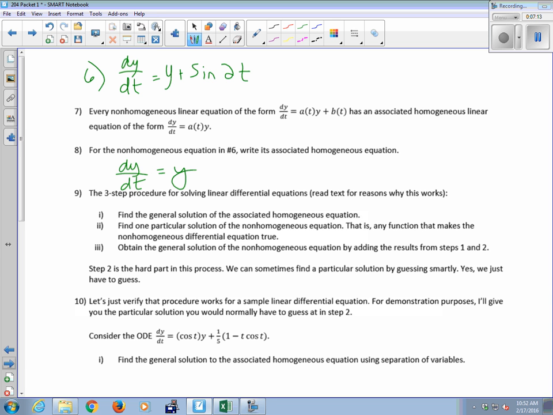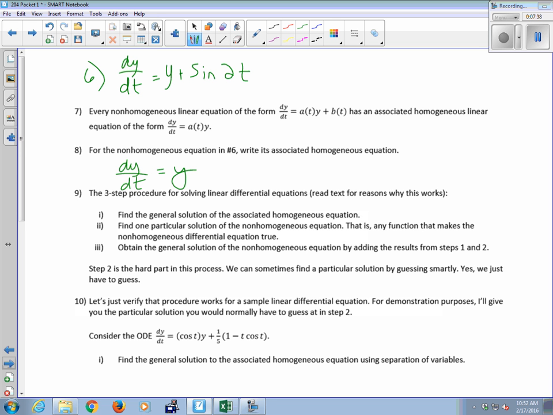Good. So now that we've covered the vocabulary, we can talk about this procedure for solving a linear differential equation. You can read the text for the reasons why this works. We're just going to practice it right now. So step 1 is find the general solution to the associated homogeneous equation. So just drop the b of t and solve using separation of variables.